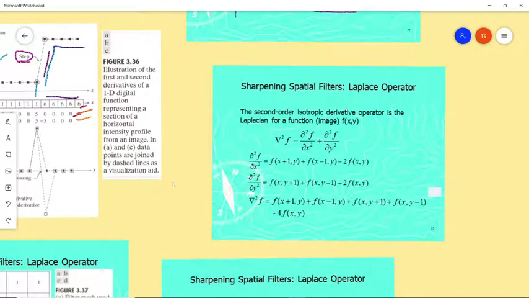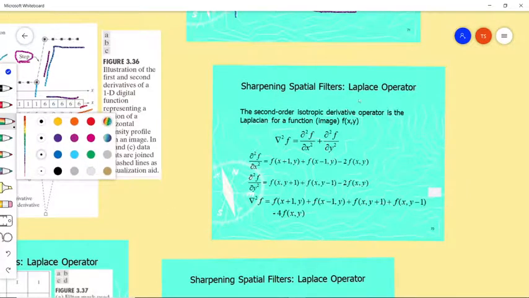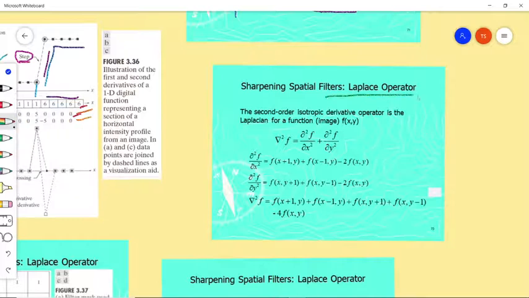Now with this first order and second order derivative, we have to take the Laplace operator. Up to now the foundation is completed: first order derivative, second order derivative. Now the Laplace operator. The second order isotropic derivative operator is the Laplacian for the function f of x comma y, which is nothing but our image representation.